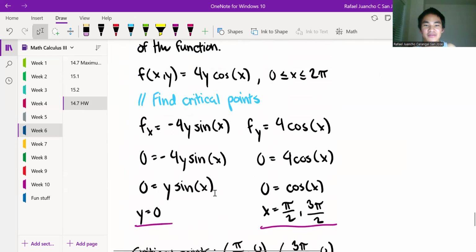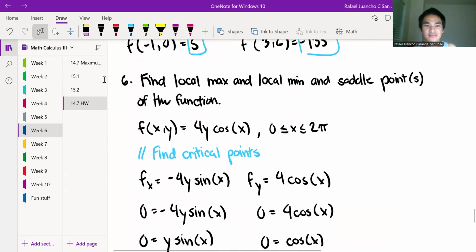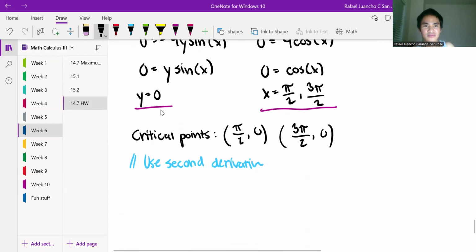I didn't need to find exactly that, right? So here I'm just going to say saddle point. Okay.